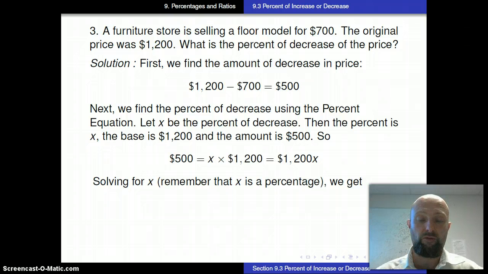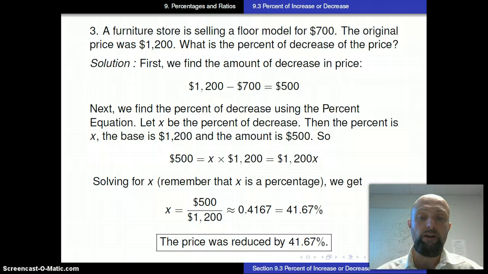Solving for x, remember that x is a percentage, we get x is $500 divided by $1,200. Notice that the dollars cancel out, and we find 0.4167. Converting this to a percentage by multiplying by 100 and inserting a percentage symbol, we get 41.67%. So the price was reduced by 41.67%.